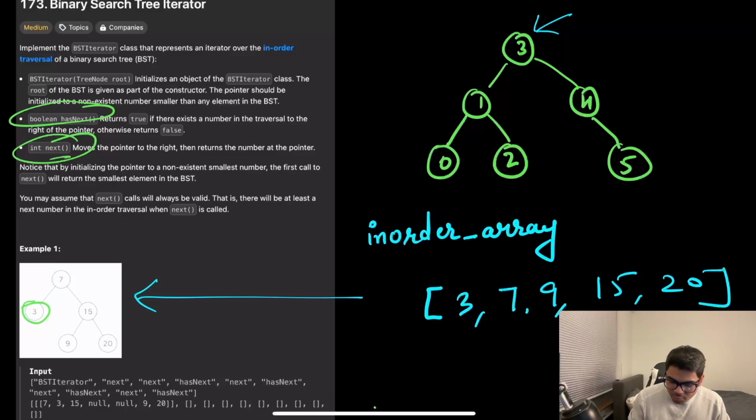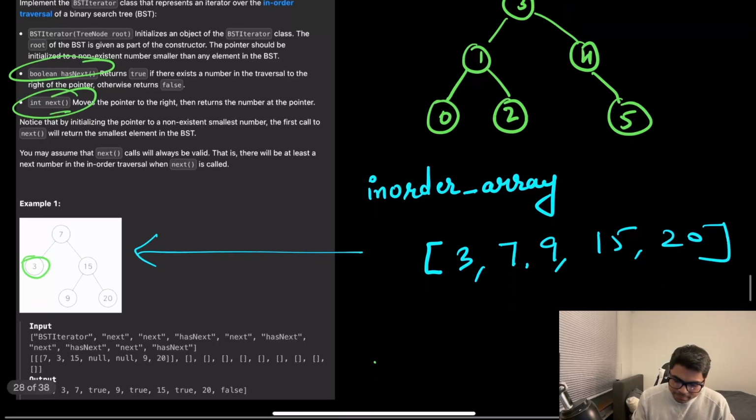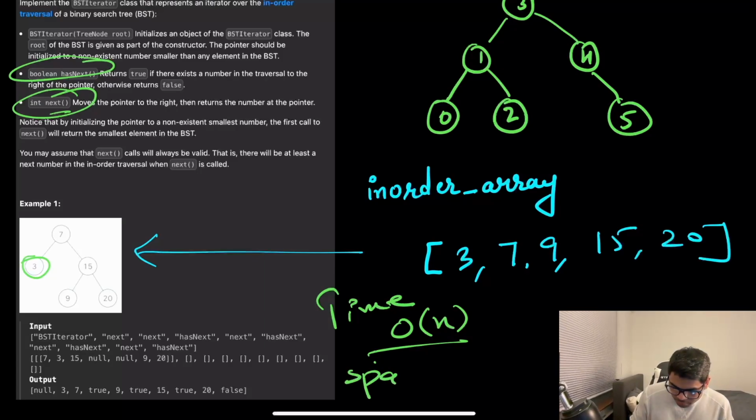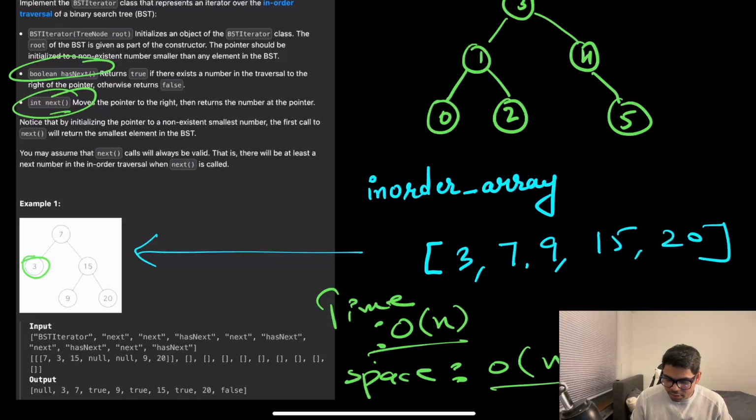Now this is one way of solving it, and it is going to take big O of n time complexity, because we're going to iterate over everything, store them into our array, and then keep moving that pointer to next. However, space complexity is also big O of n.